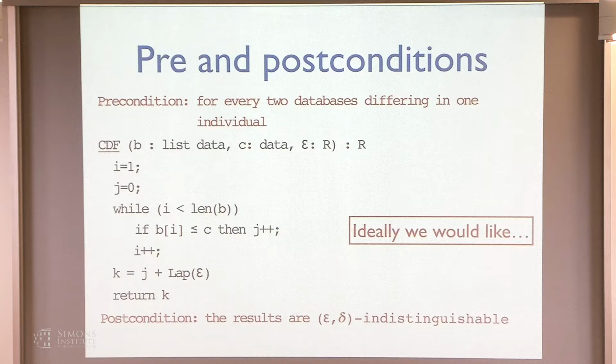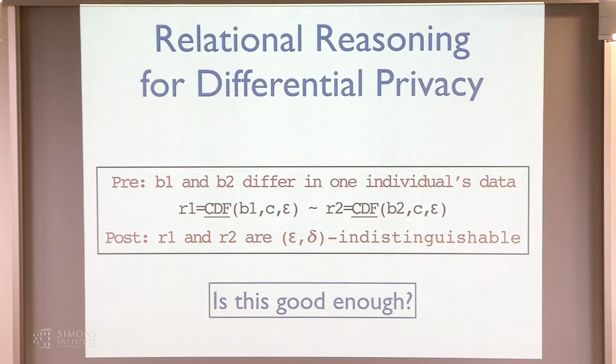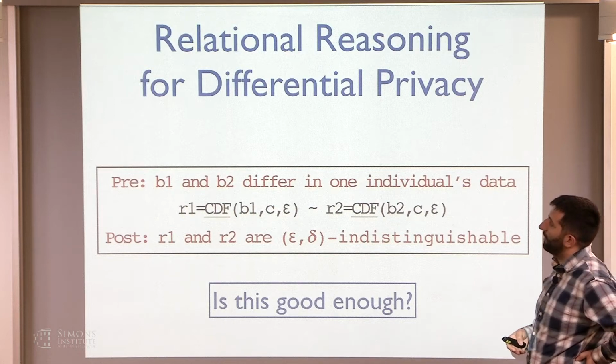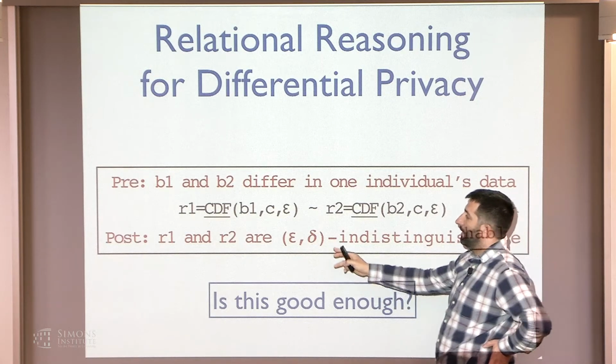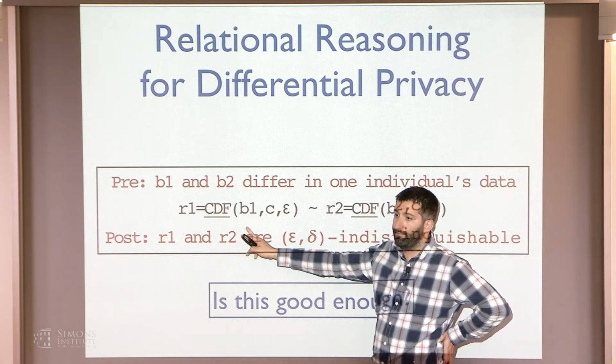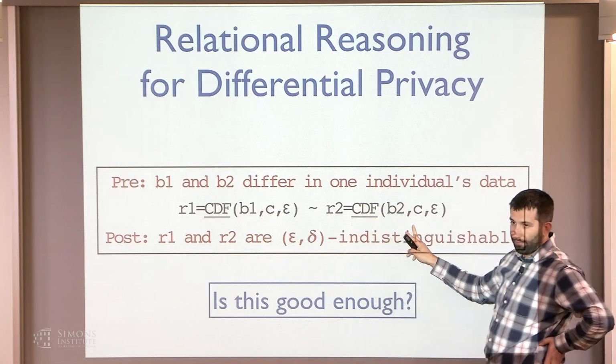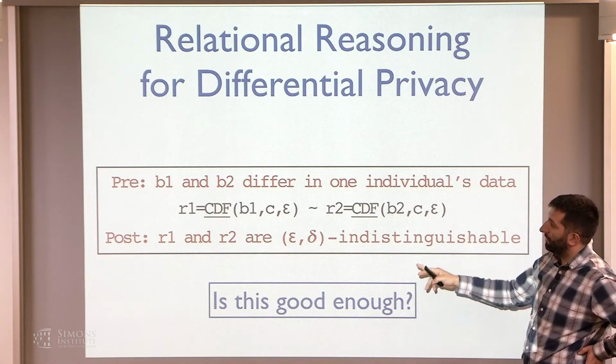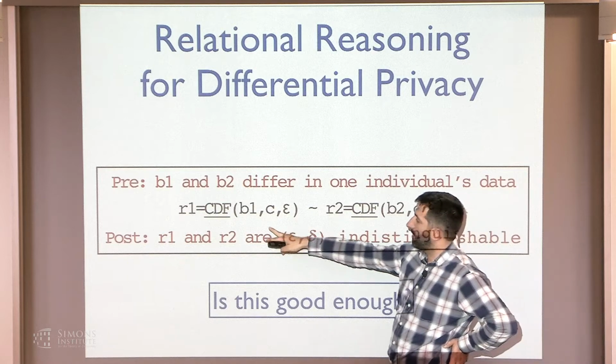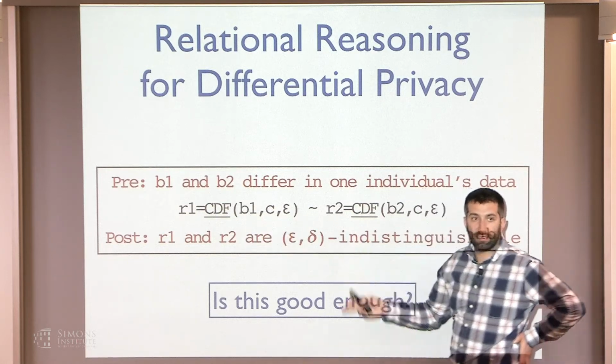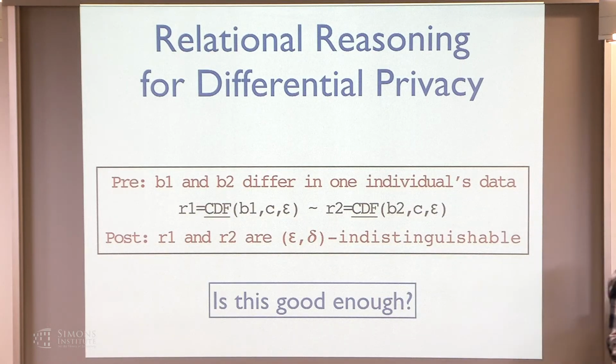To solve the first problem, there is a classic technique in verification, which is relational reasoning, where instead of one program, we consider two programs. In particular, now we can talk about the input of one and the input of the other. Here I took the same program because we are interested in verifying differential privacy, which usually talks about one program.